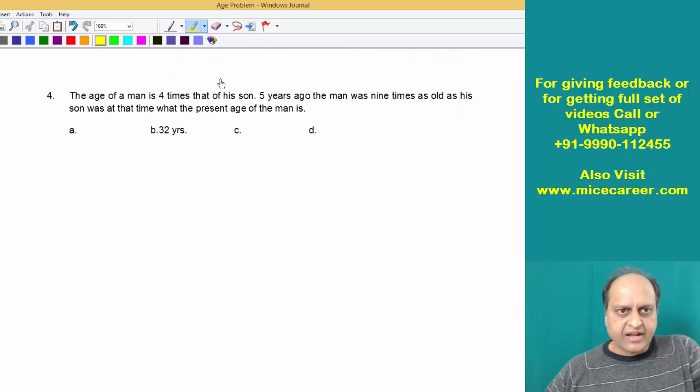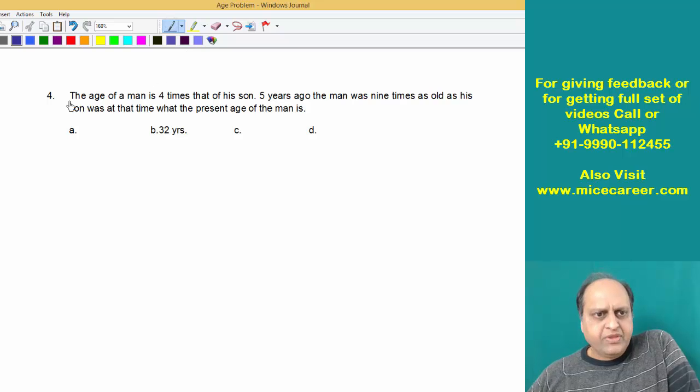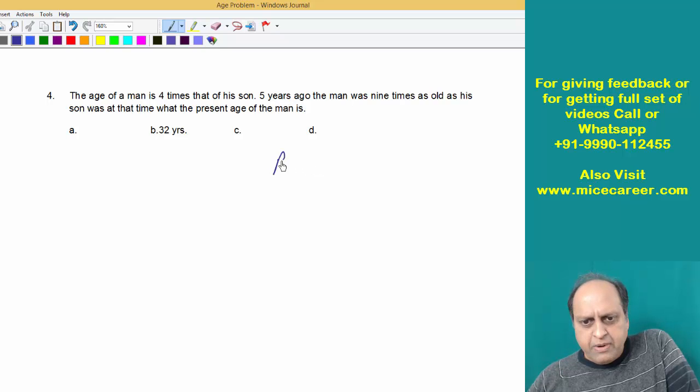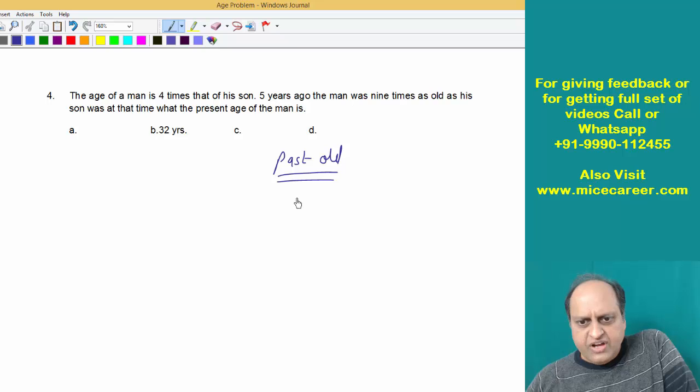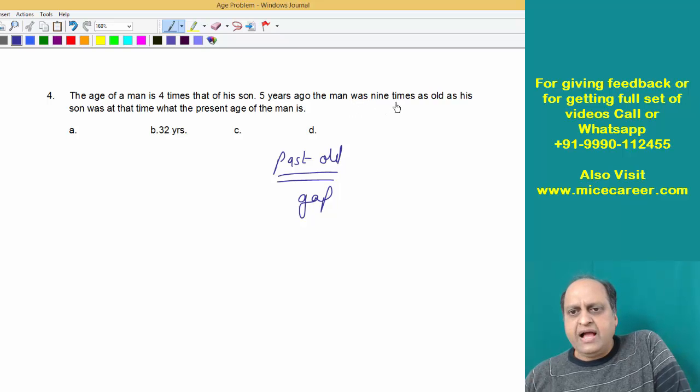I think now you are getting it very fine. The age of man is 4 times that age of his son. 5 years ago. So old is past. Past is old. 5 years ago, 5 years, gap. And 5 years ago, the man was 9 times as old as his son.